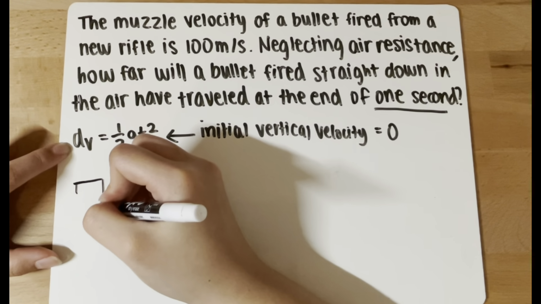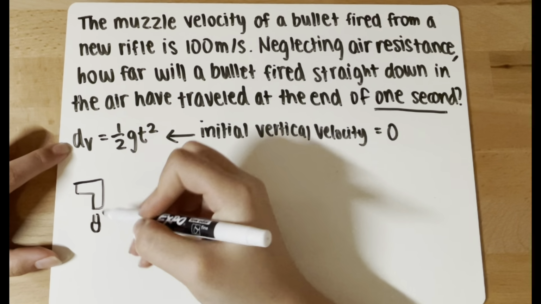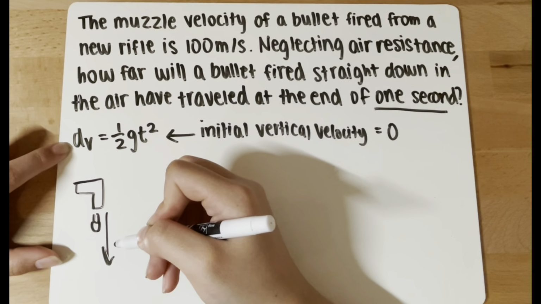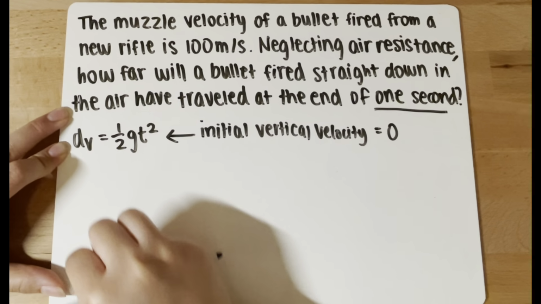So if this was a gun and this was a bullet and it's being fired straight down, the direction it's going will be vertical. So that is why.